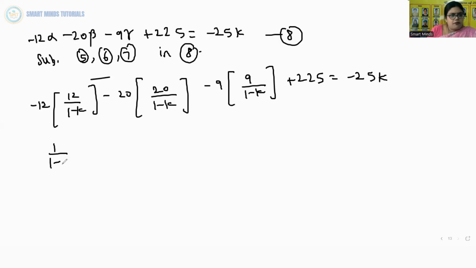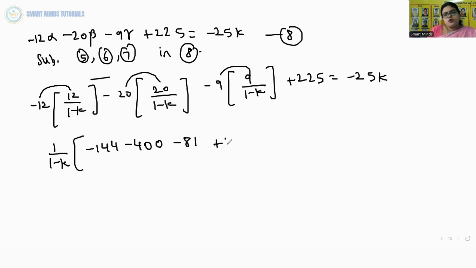So 1 by 1 minus k, if I take common, we get minus 144. See, this into this, we multiply this into this, then this into this. Understood? Minus 400 minus 81 plus 225 into, here you don't have a denominator. So we multiply with 1 minus k. So it will be balanced.